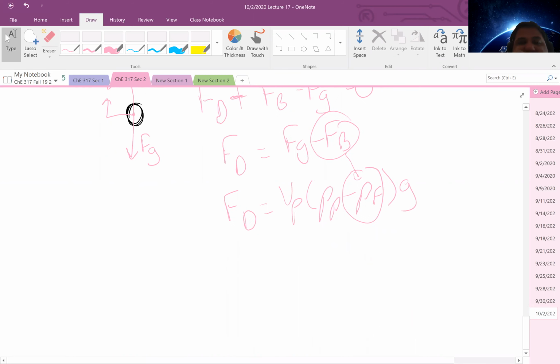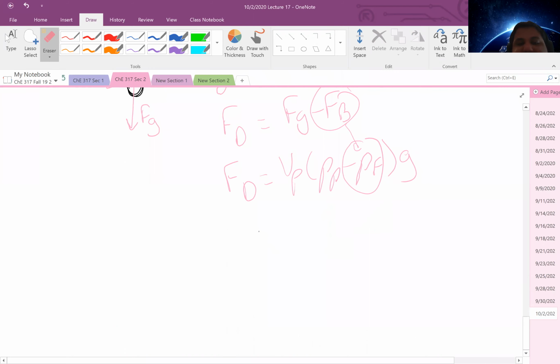And so which of these terms is going to change with increasing flow rate? Is the left-hand side or the right-hand side going to change with increasing flow rate? Drag.